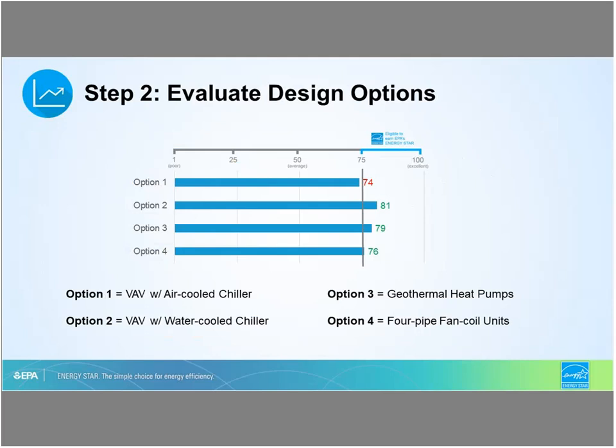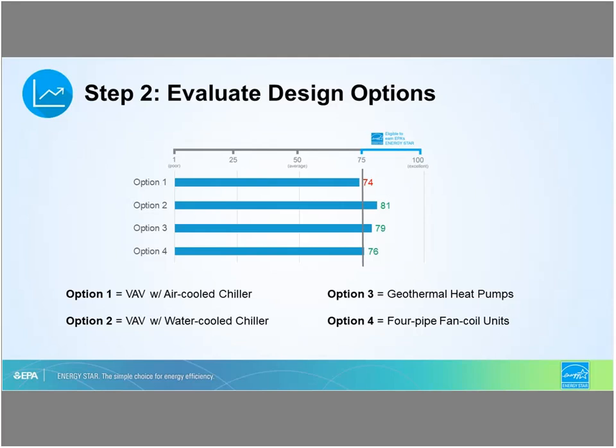So this is an example that we put together for a real-world project evaluating 4 different HVAC systems. So we did a life cycle cost analysis to understand the cost impacts of each one, but we also ran each one through Target Finder to see what Energy Star score they were coming up with. And that 75 line on gray there, anything above that is great because basically that means that project or that design option is eligible for design to earn the Energy Star certification.